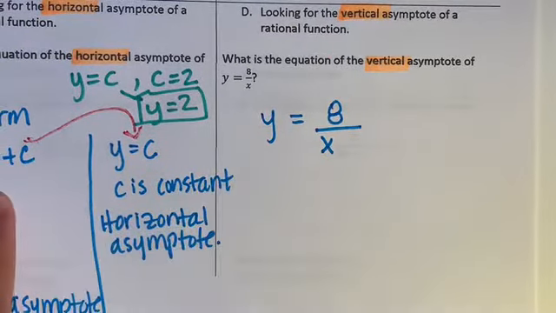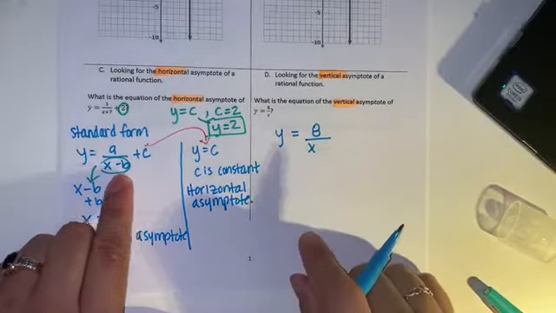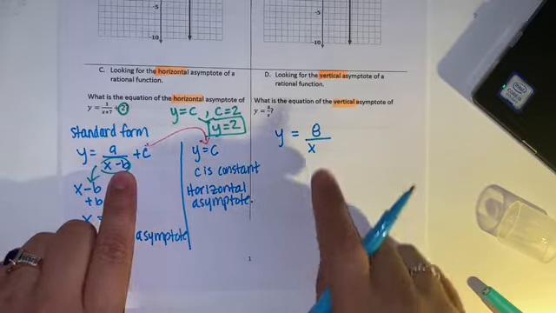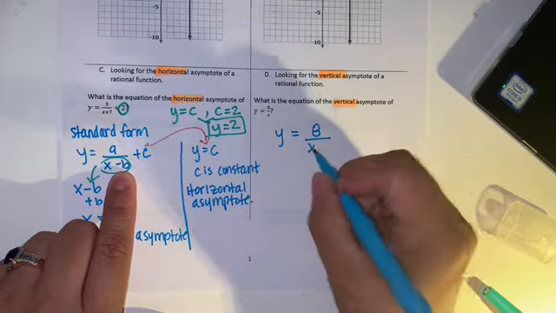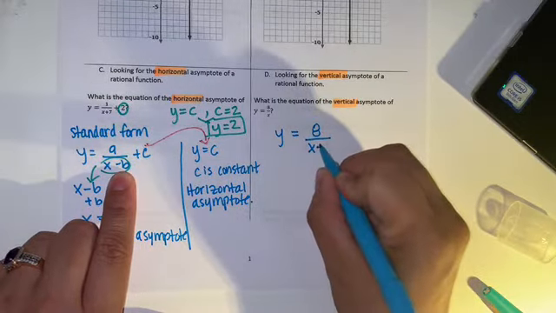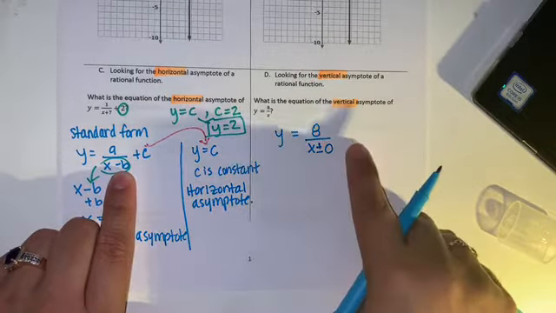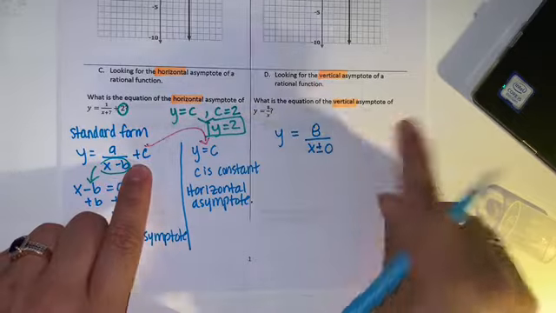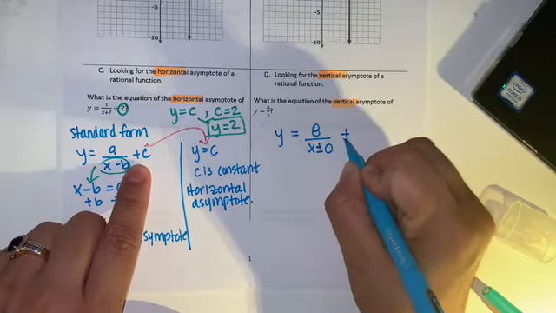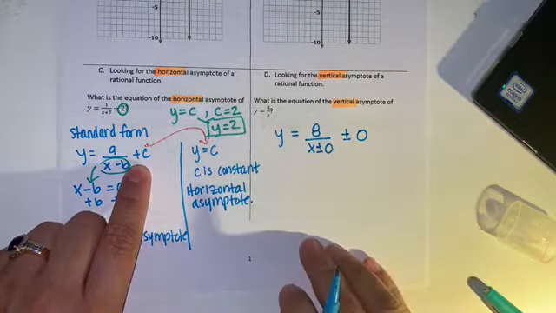If you look at the standard form, it said y minus b. In this case, you don't have anything. So it's just going to be plus or minus 0. And then if you look for a constant, do you have a constant? No, so you're just going to say plus or minus 0.